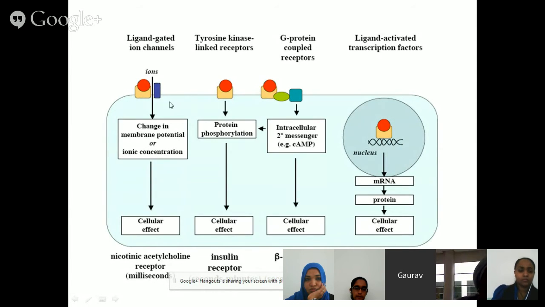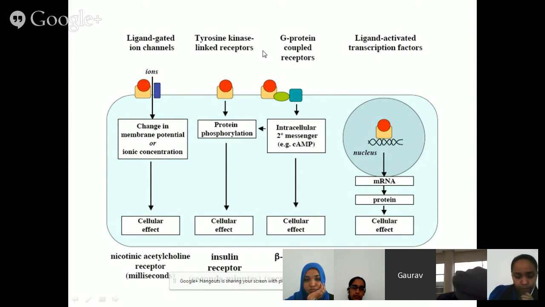These channels are present on the cell surface. When the messengers bind on the channels, they open the gate and the ions can enter inside the cell. They can change the membrane potential, producing different types of cellular responses. Examples are nicotinic acetylcholine receptors, and their response timing is in milliseconds.